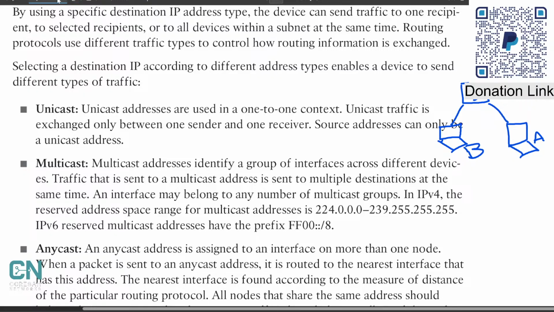Let's find out what a multicast address is. Multicast addresses identify a group of interfaces across different devices. Traffic that is sent to a multicast address is sent to multiple destinations at the same time.